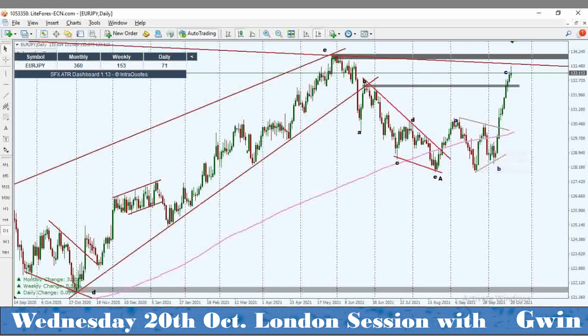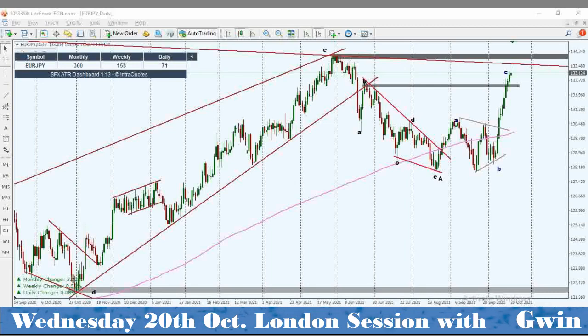Previously we also dropped analysis before price moved to the upside. In the last one we spoke about the USDCAD. That analysis was dropped immediately, and 15 minutes later price moved in the direction.